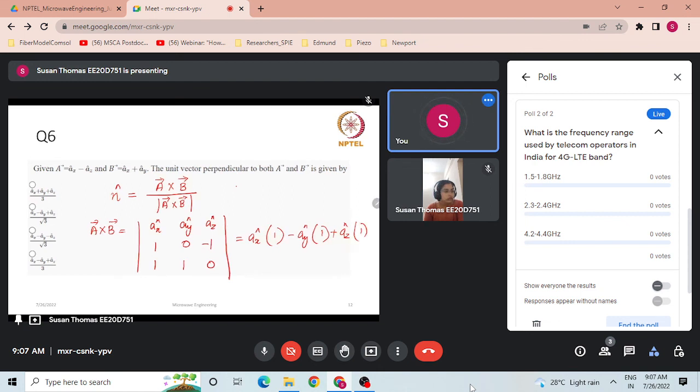Now to get the unit vector, Ax minus Ay plus Az divided by the magnitude of this vector, which is root 3. So this is the unit vector perpendicular to both A and B. So from the answer options, it's option B.